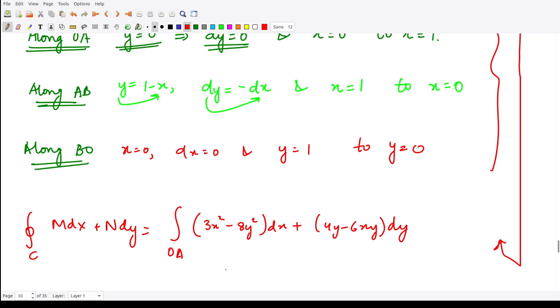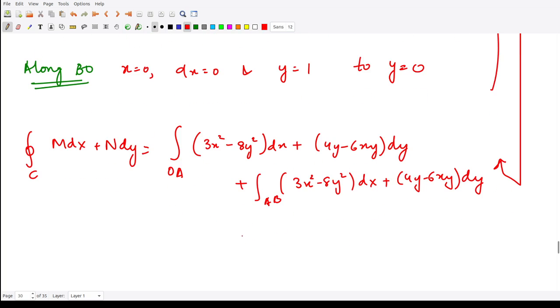So this is the first quantity. For AB we have the same quantity, and for BO we have the same quantity.